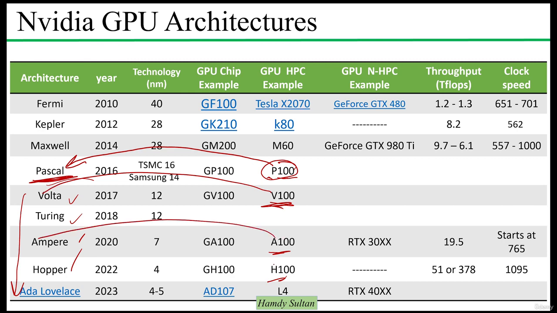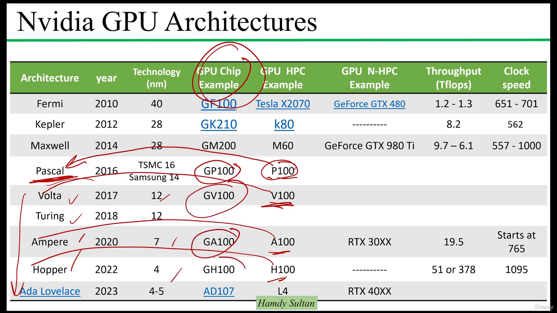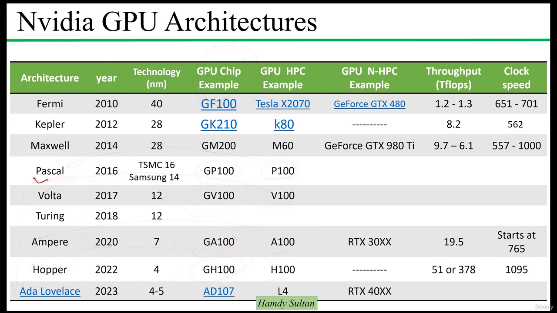This naming approach is mirrored in the GPU chips too. As we see, we have in Pascal GP100, and then in Volta, Ampere, and Hopper we have GV100, GA100, and GH100. The Pascal architecture, which was introduced in 2016, is manufactured with 16 or 14 nanometers technologies.